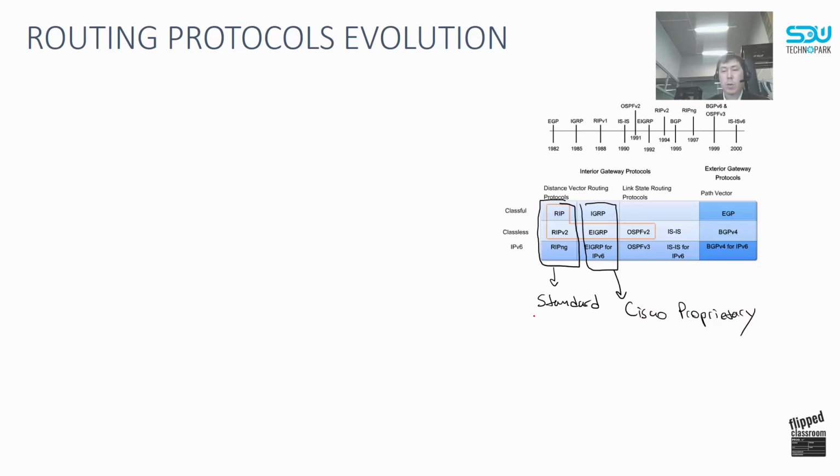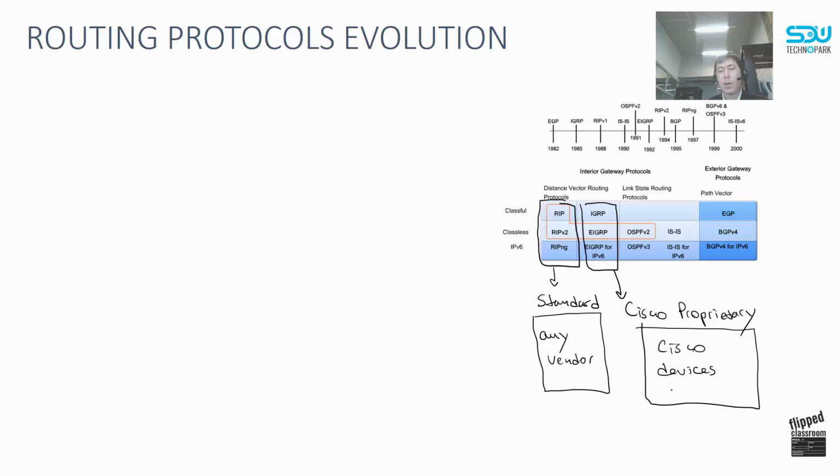So these protocols can work with any vendor, and these protocols can work with Cisco devices only. They are property of the Cisco organization. They have some advantages over the standard protocols.